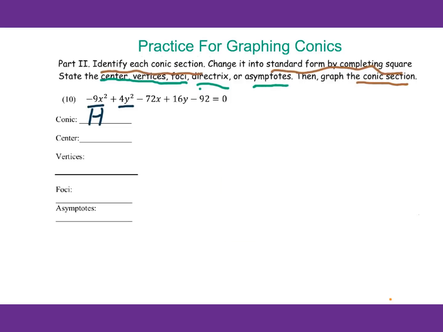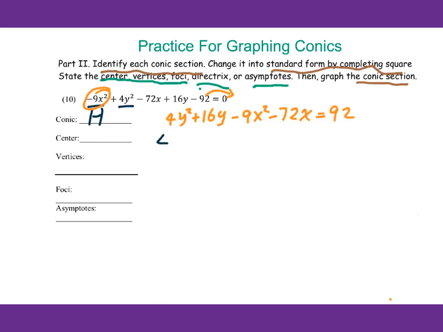First step, put all x together, all y together. Since we have a negative sign before x squared, we put it after y squared. We got 4y squared plus 16y minus 9x squared minus 72x equals 92. Move all constants to the right side.